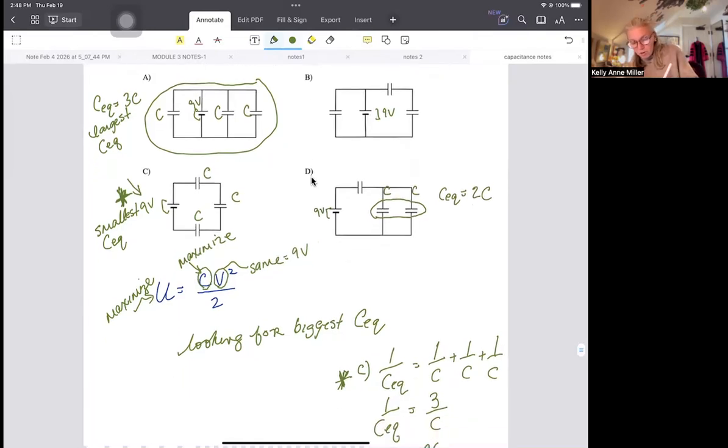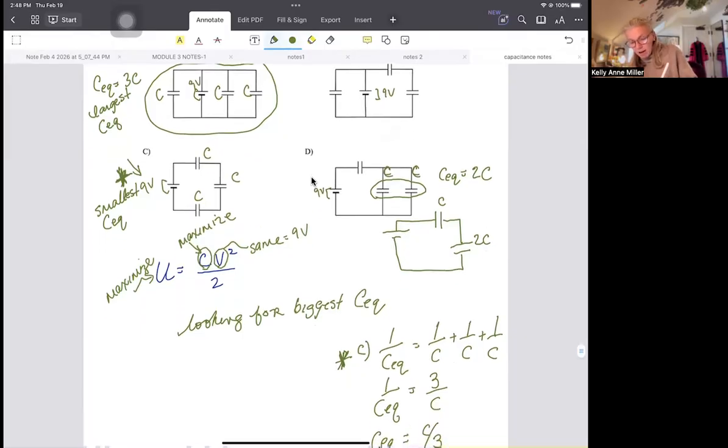And then you would redraw the circuit. You don't really have to worry about this now. So this is C, and now this is 2C because I've combined these two here, right? And then I would do a second step. I would do 1 over the equivalent capacitance is 1 over C plus 1 over 2C. And so you would have to find a common denominator and add it up.